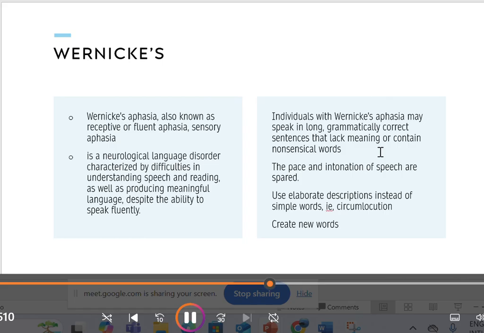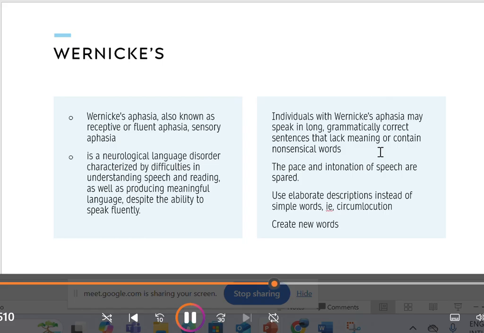It is a neurological language disorder characterized by difficulty in understanding speech and reading, as well as producing meaningful language, despite the ability to speak fluently. See, here, one, the person is not able to understand what is being said to him or what is being read; he or she is not able to properly comprehend.